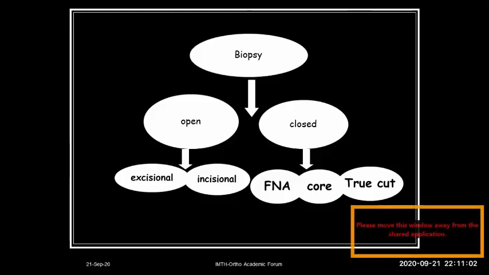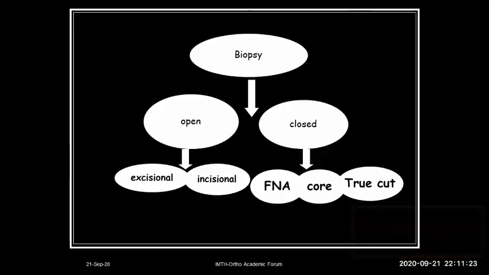Or if there is a suspicion that it is a malignant primary bone tumor, you can do an open incisional biopsy without taking all the tumor out. So you just take a sample, and later on, after you get a solid diagnosis from the lab, you can go and resect with a wide resection.